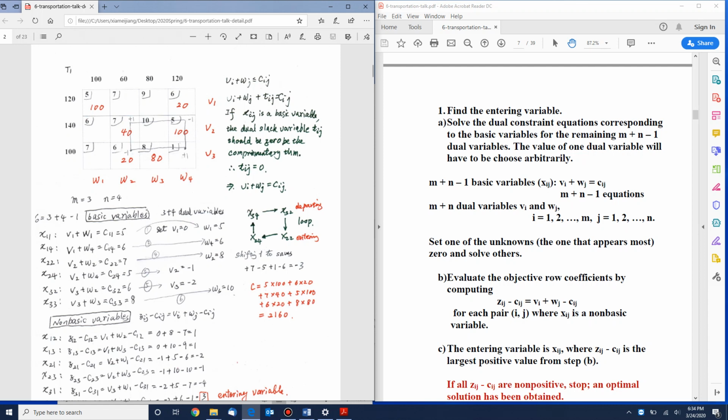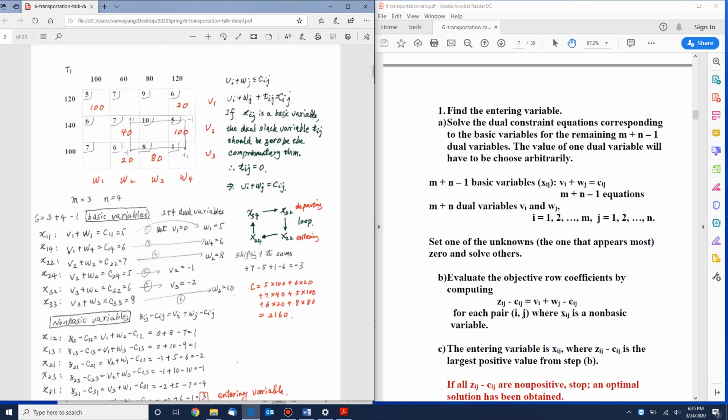When we have V2 equals minus 1, then the third equation gives that W2 equals 8. And when we have W2 equals 8, the fifth equation gives V3 equals minus 2. When we know V3 equals minus 2, the last equation tells us that W3 equals 10.